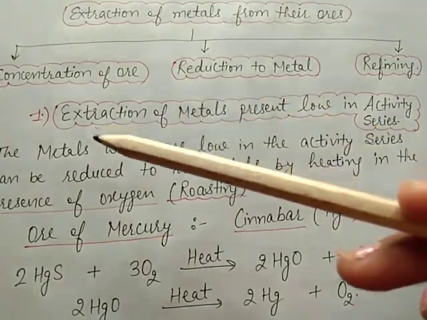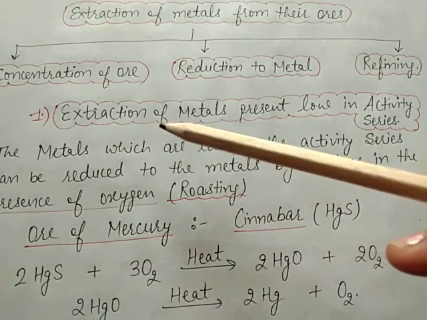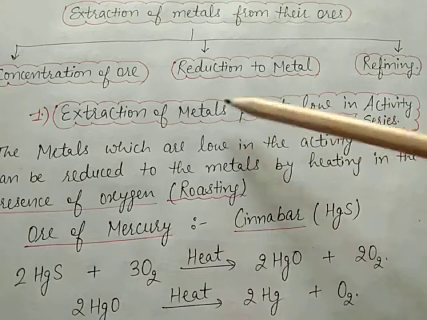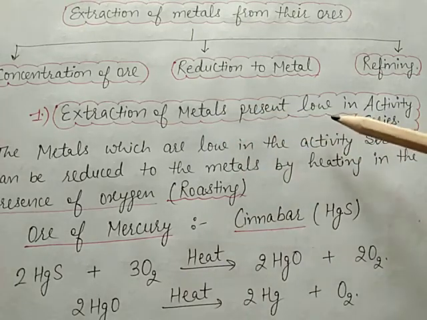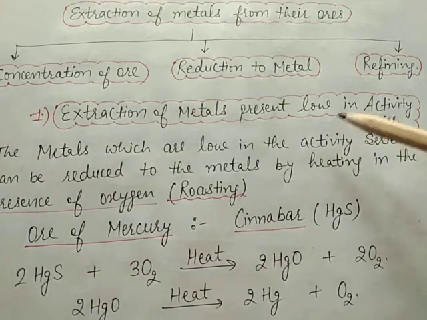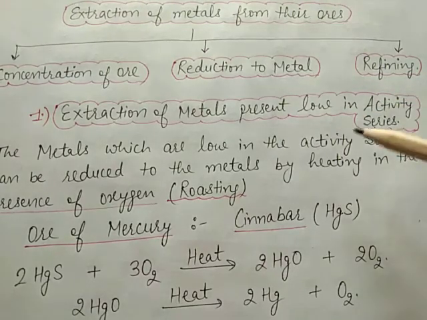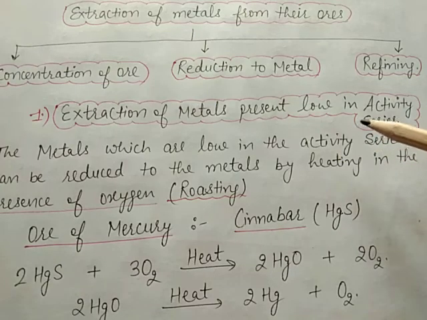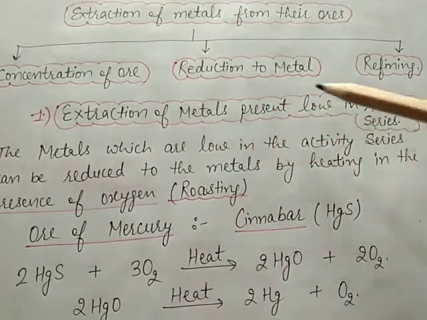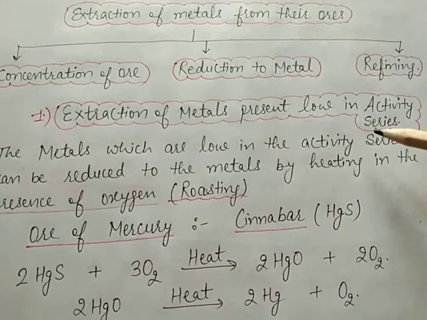Now we start the first, extraction of metals present low in activity series. Metals are classified into three series: low reactivity series, moderate reactivity series, and high reactivity series. First we take the low in reactivity series.